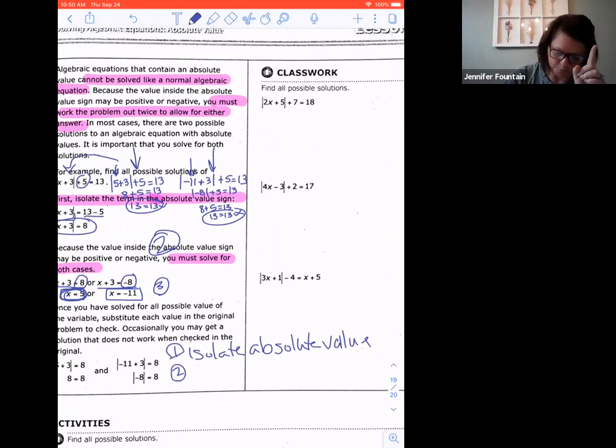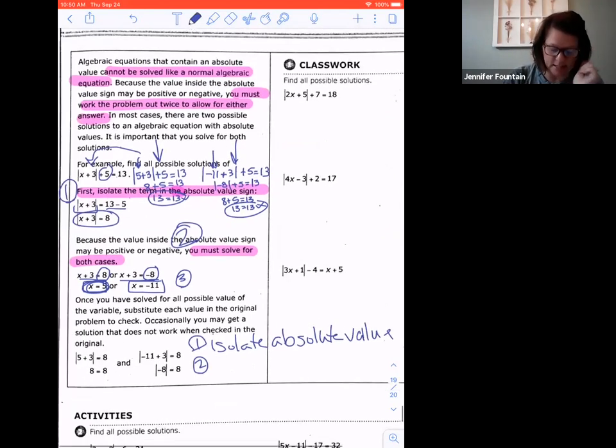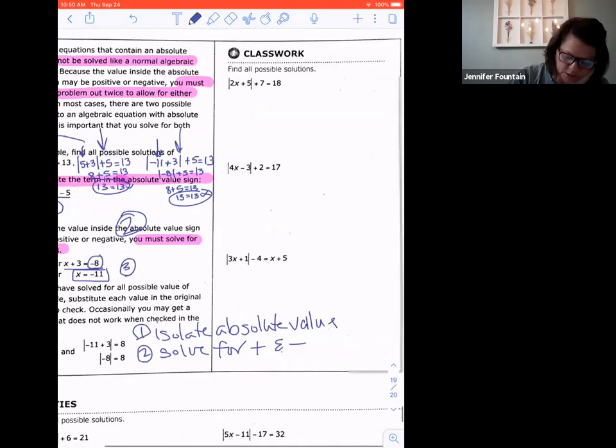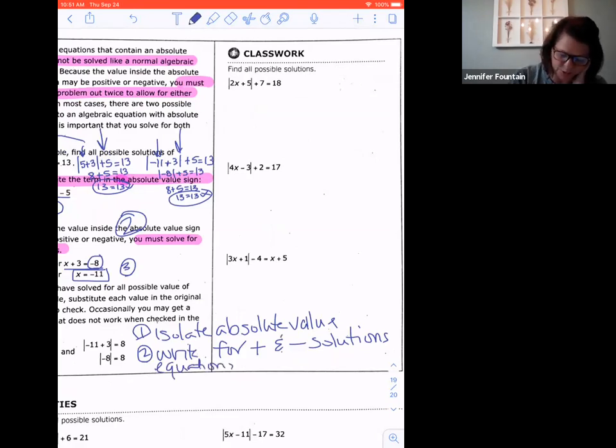Step 2, after you have isolated, you have to write equations for positive and negative solutions.